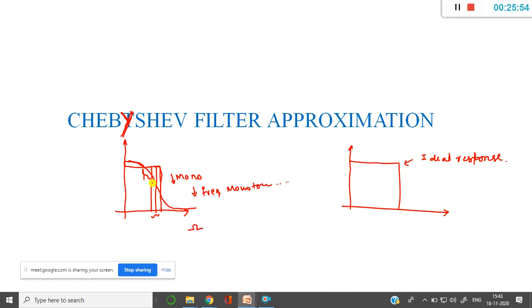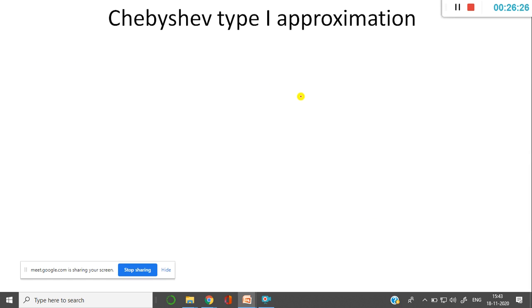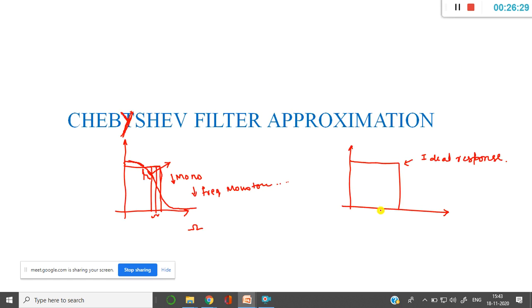So instead of a sharp or fast monotonic decrease, is it possible to shift this decrement to the next level? That is going to be observed in another mathematical approximation method given by Chebyshev. That's where we have the type 1 approximation method and the type 2 approximation method. Now we will see directly the mathematical expression. As I told you, this is the curve that I require.